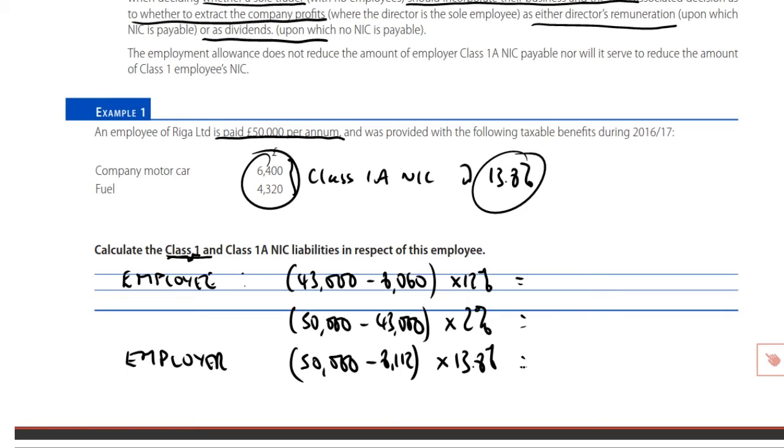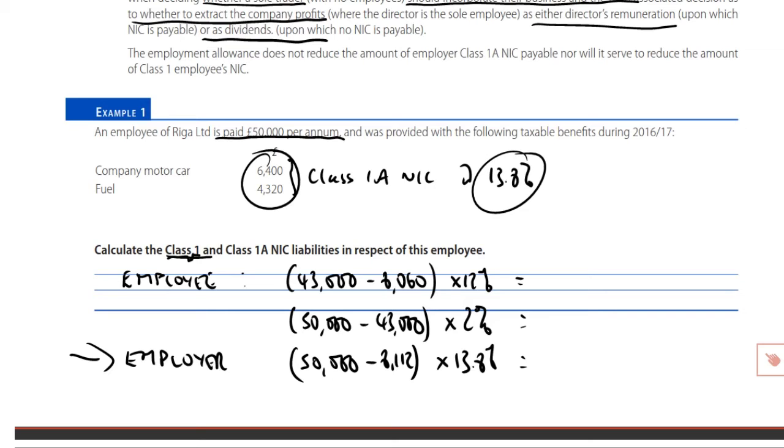So I'll leave you to do those calculations. Also remember, though we can't factor it in here, we're told about an employee of Riga Limited, and from the total of all the Class 1 employers' NICs we would deduct the employment allowance of £3,000.